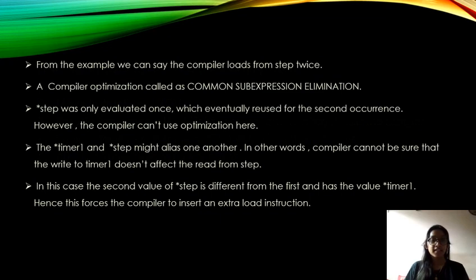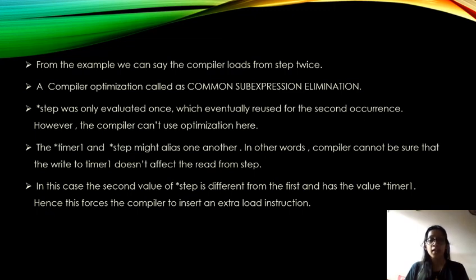From the example, we can say the compiler loads from the step twice. A compiler optimization called common sub-expression elimination would evaluate pointer step only once and reuse it for the second occurrence. However, the compiler cannot use that optimization here. The pointer t1 and the pointer step might alias one another.